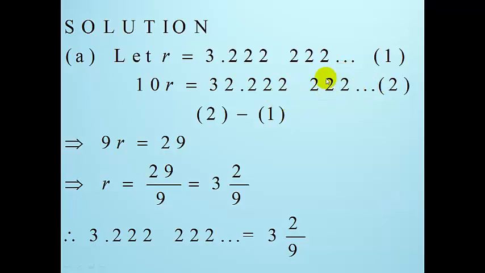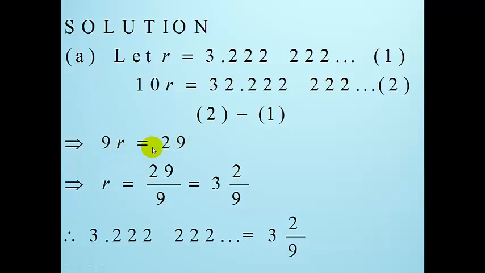We are now subtracting equation 1 from equation 2. When we subtract equation 1 from equation 2, we have to subtract r from 10r on the left hand side. So when we subtract r from 10r, the answer is 9r, and this is equal to, when we subtract 3.222222 from 32.222222, the answer is 29.